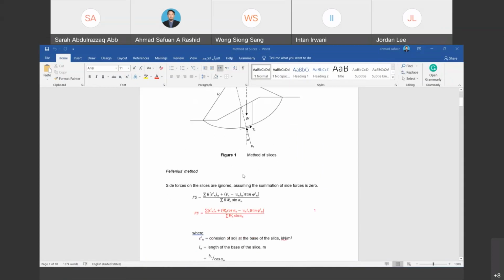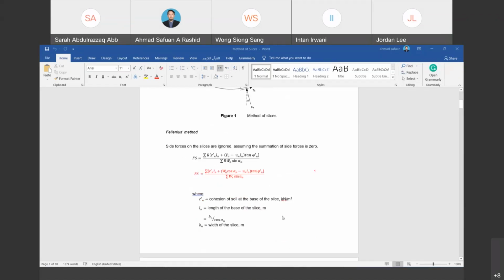The equation that we have derived based on the Fellenius approach refers to this equation, where we have cL plus W cos alpha minus UL times tangent phi, over W sin alpha for the driving moment.